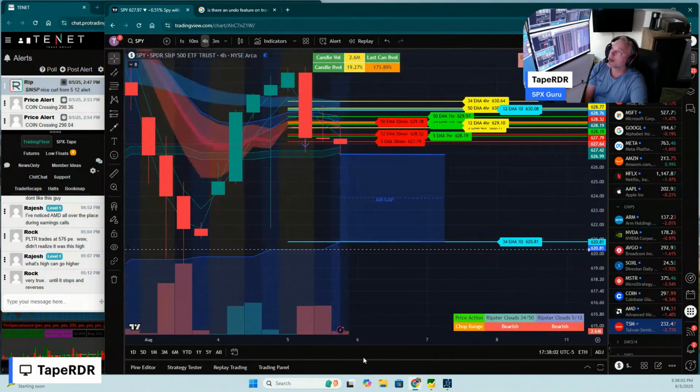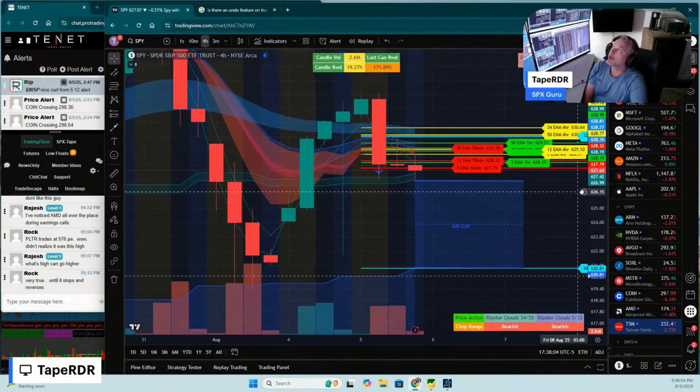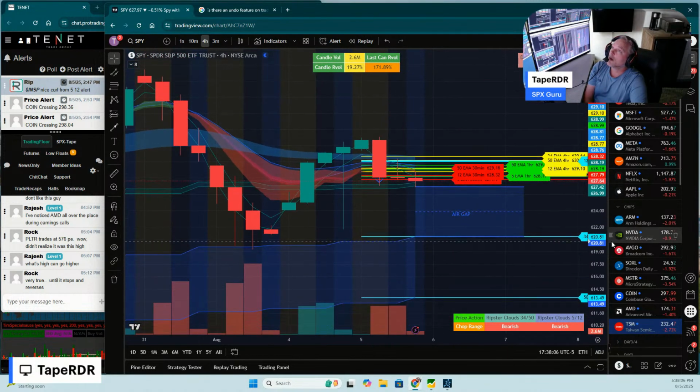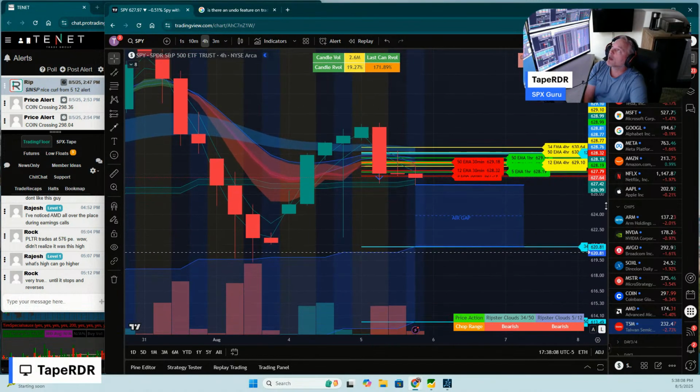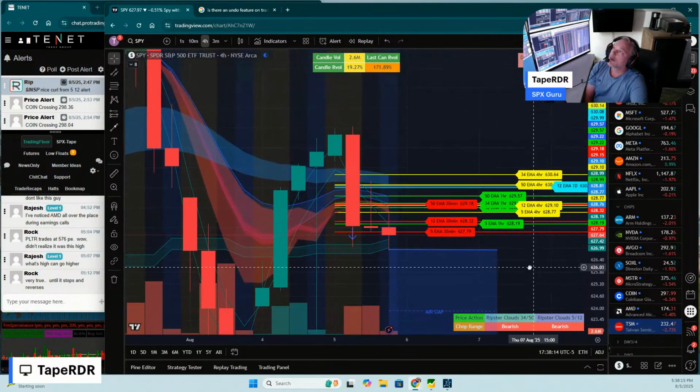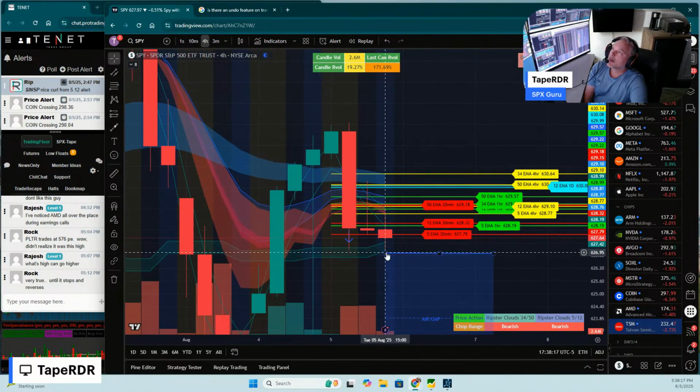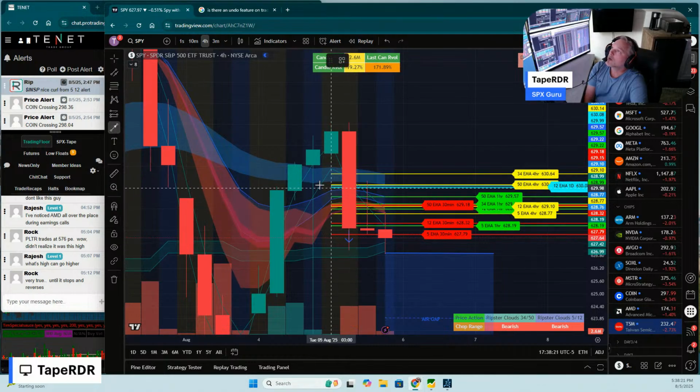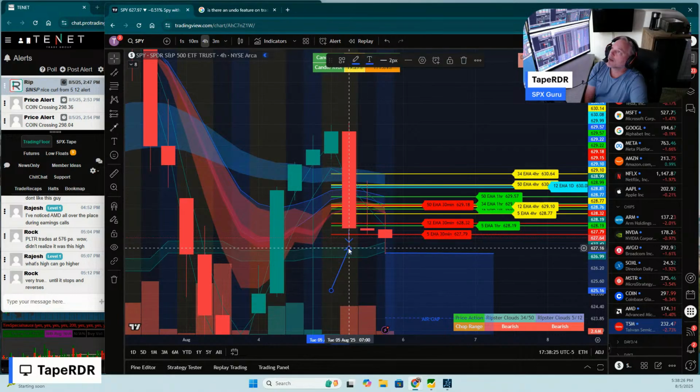On this particular one we were playing, it was here this morning, right on this candle. Our target was, we were coming from here, hitting down here on this EMA.